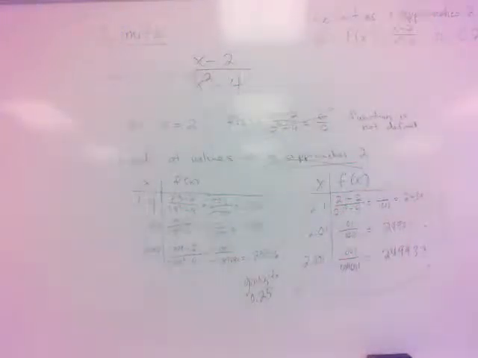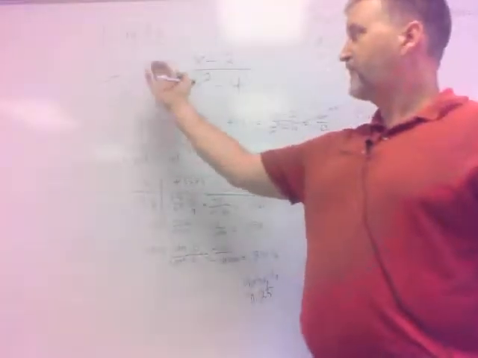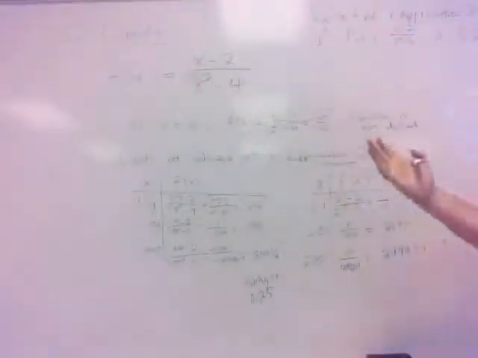Make sense? That's the idea of limit. If we're talking about the limit of a function, it's a value that the function values approach as you get closer and closer to whatever number you're evaluating the limit at. That's limit.